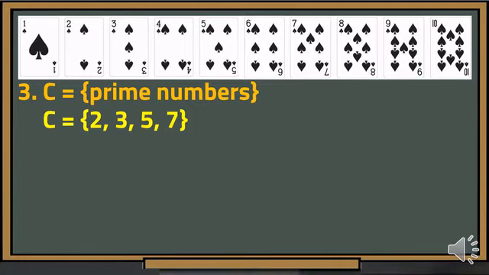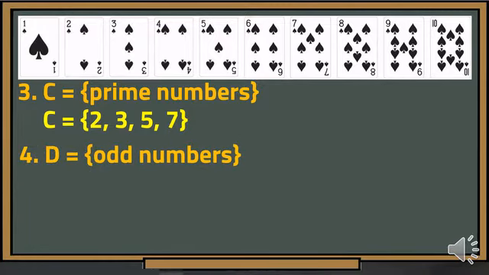So take note that 1 is not included because 1 is neither prime nor composite. When we say a prime number, it has only factors of itself and 1. Again, 1 and itself.